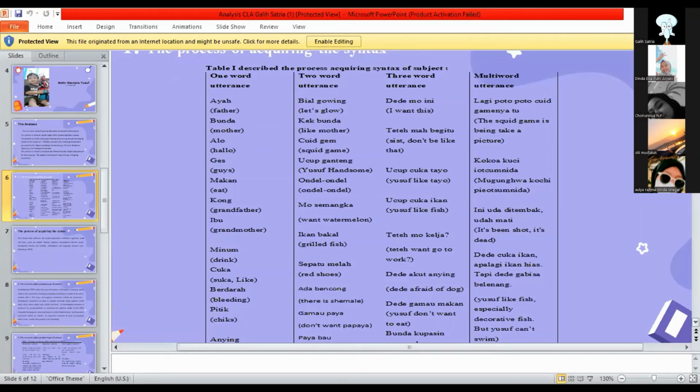We can see in the PPT, like ayah, he calls father ayah, and then bunda, and then alu, and then guest, and then he likes Squid Game. Yusuf calls Squid Game in two-word differences, and then three-word differences like Dede mau ini, I want this, and then multi-word differences like foto-foto Squid Game-nya itu, the Squid Game is being taken a picture. Next slide please.